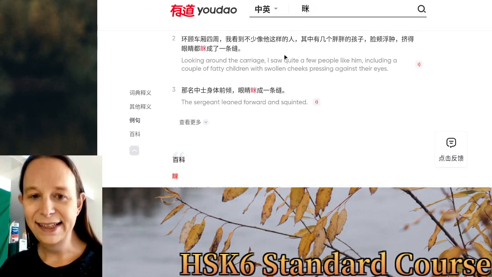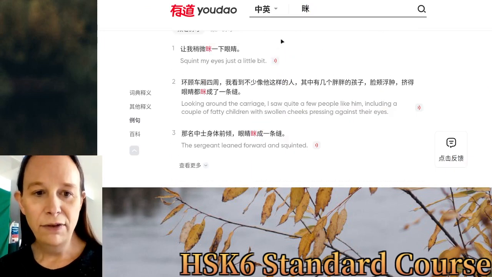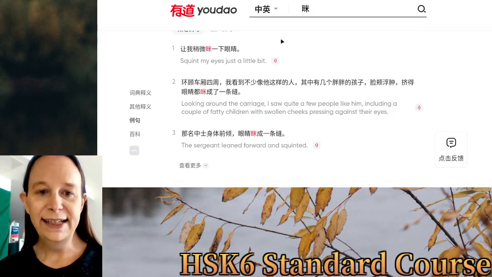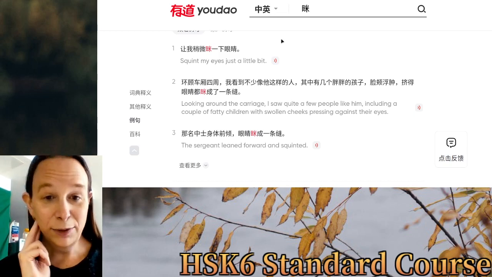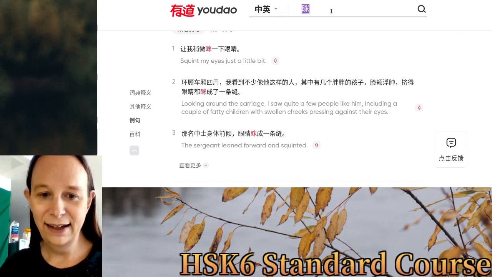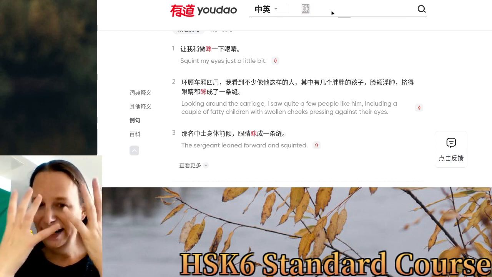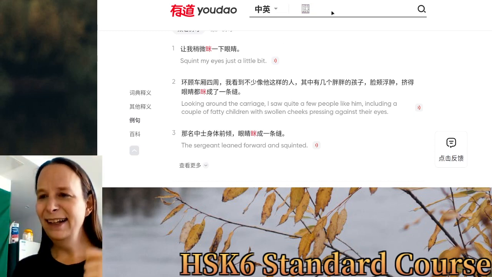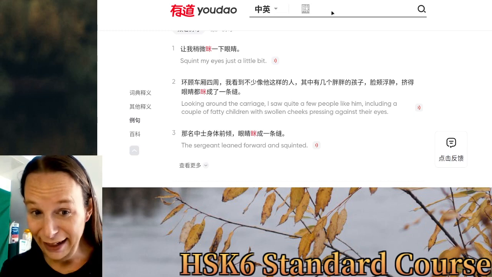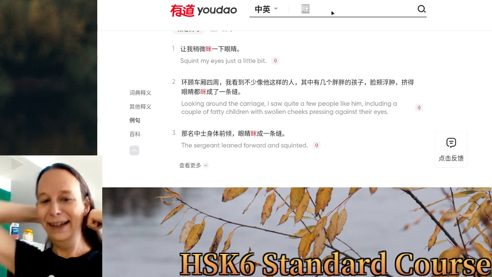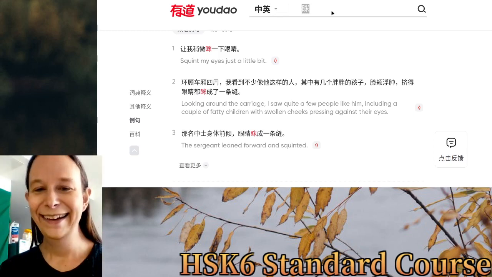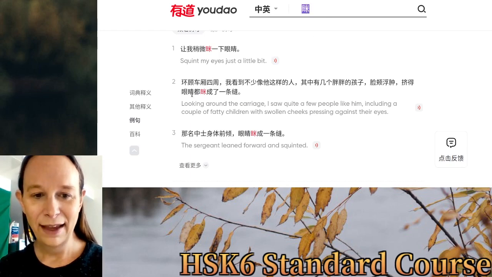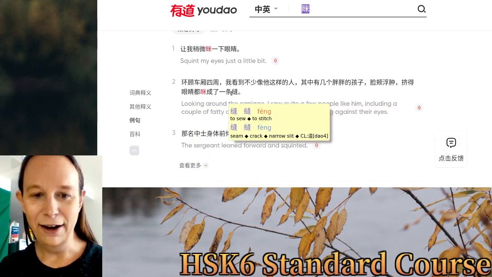It's a verb by itself. But yeah, 让我稍微眯一下眼睛. 2 reasons you might squint. The first is because there's a bright light shining in your eyes. Maybe you're driving and the sun's shining in your eyes, but you have to keep looking. Otherwise, you can't just close your eyes. Okay, 眯成了一条缝.